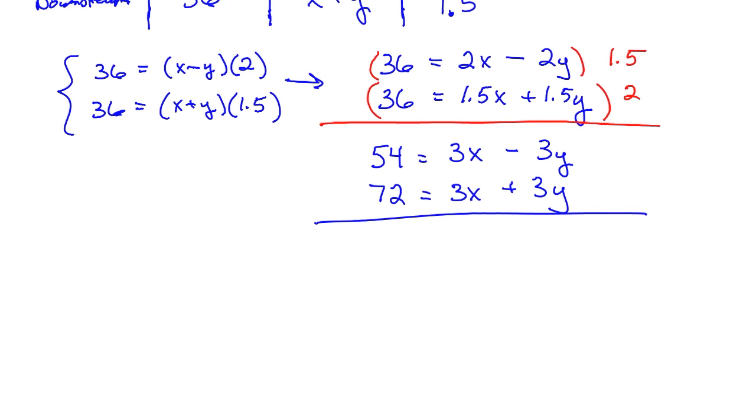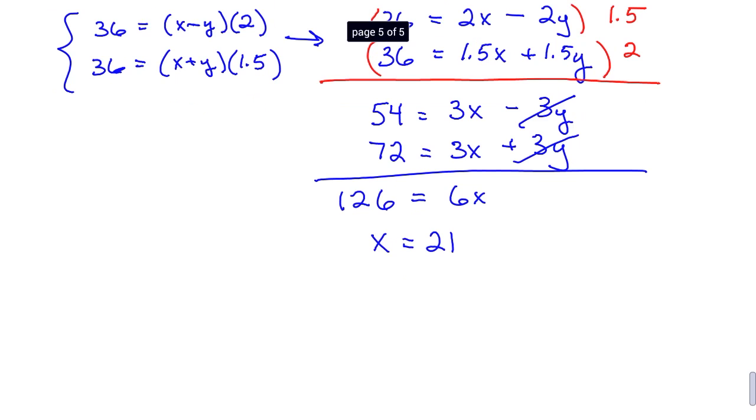So we can take these two equations, add them down, and cancel the y's. So negative 3y plus 3y is 0, so that's gone. But here we have 6x and 126. Divide both sides by 6, and you get x is equal to 21. Back substitute x equals 21 into one of these equations here.